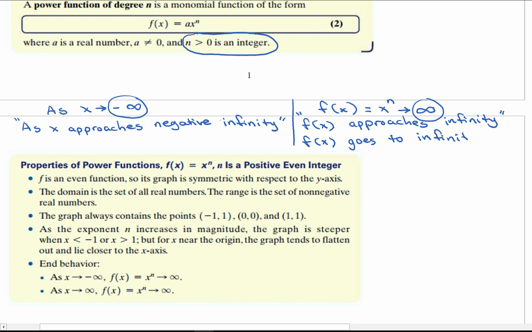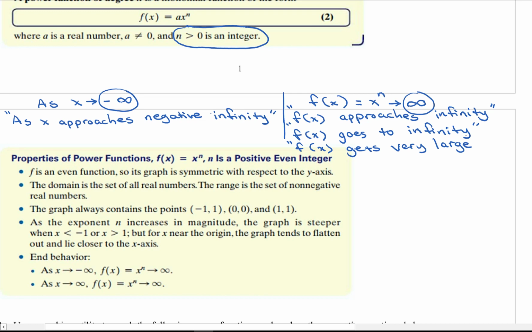Or another way we could say this, f of x gets very large, right? Very large in terms of positive numbers. So just different ways we can say the same thing with those symbols.